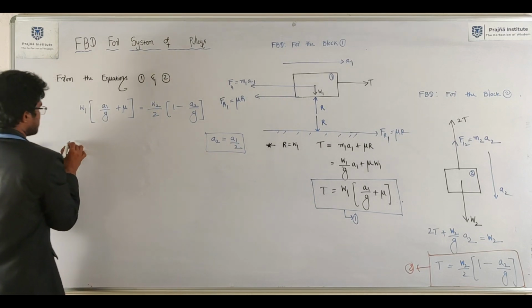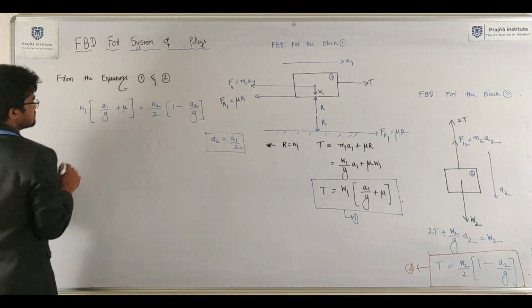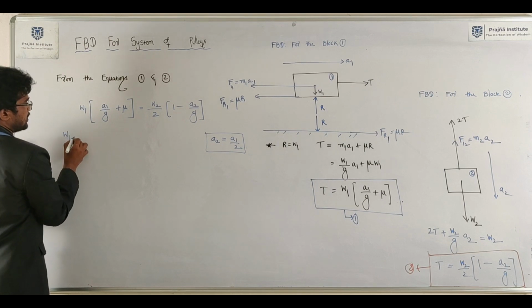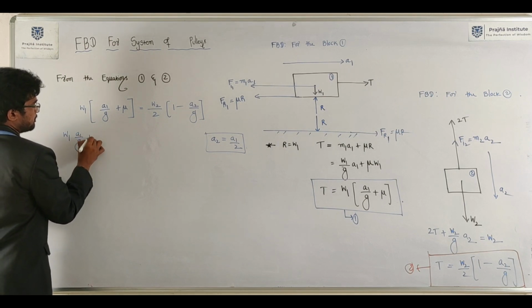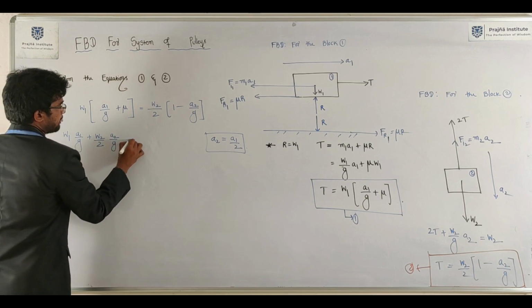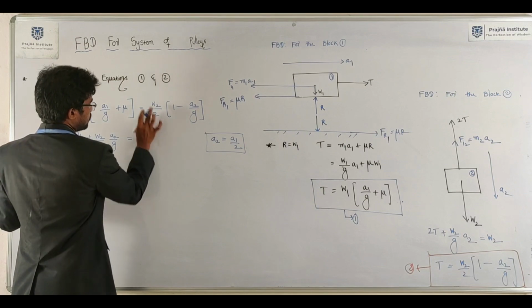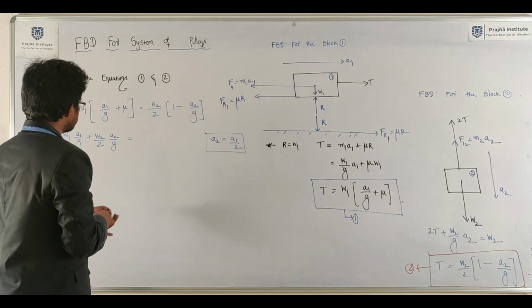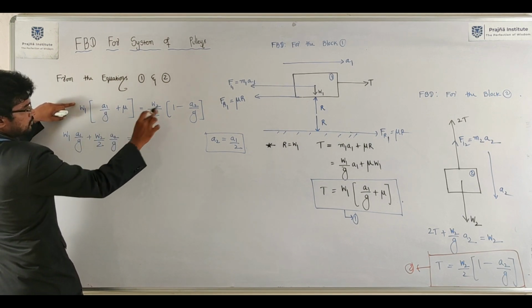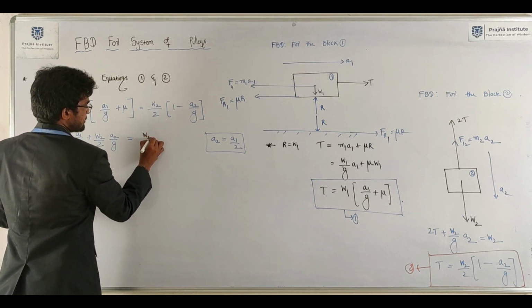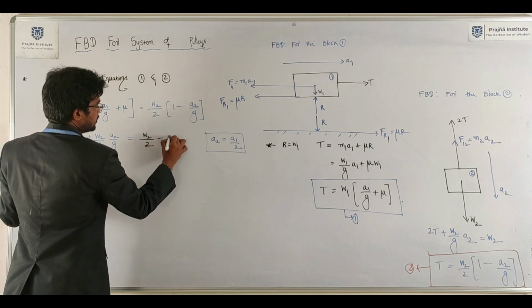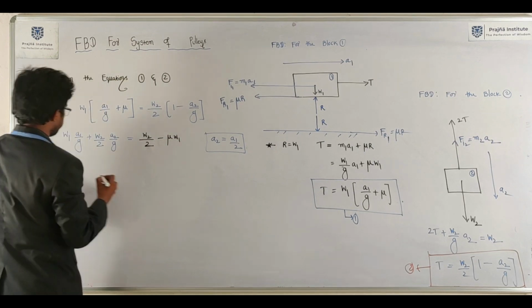Just substitute this here. W1 a1 by g plus W2 by 2 into a2 by g equals W2 by 2 minus mu into W1.